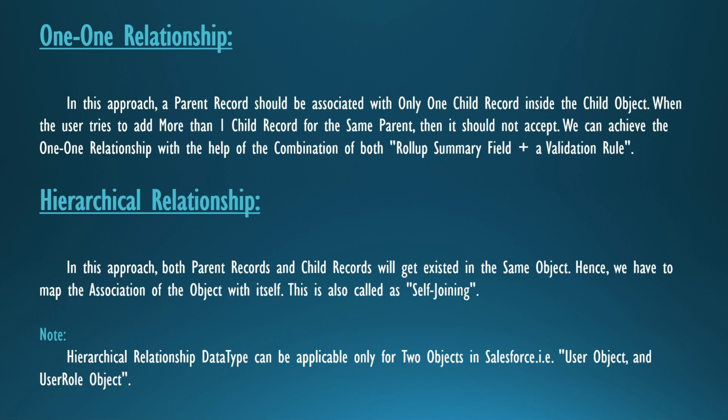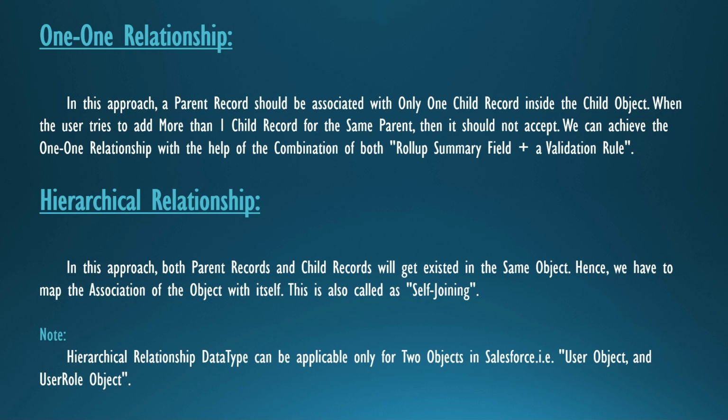In this approach, a parent record should be associated with only one child record inside the child object. When the user tries to add more than one child record for the same parent, then it should not accept. We can achieve the 1-1 relationship with the help of the combination of both rollup summary field plus a validation rule.